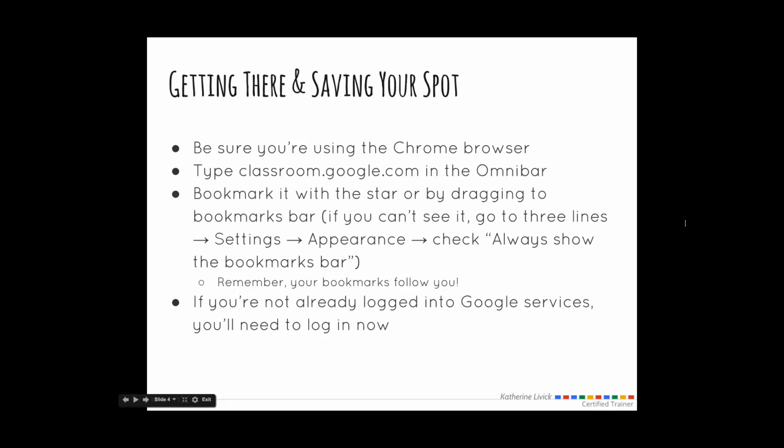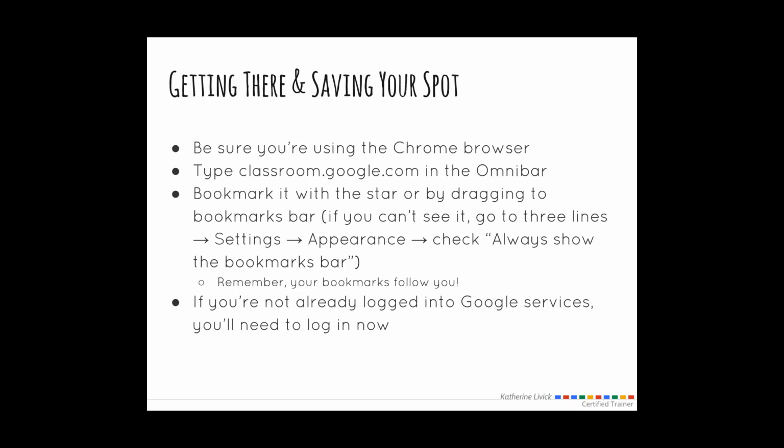So if you're in a district where you have a Google Apps for Education account, if you have Docs and Drive and all that stuff associated with your work email, this should be pretty easy to find. Because Classroom is only associated with education accounts, you often can't find it in the app launcher, which is the little square or Rubik's Cube box of boxes thing that we have on many of our Google pages to find things.